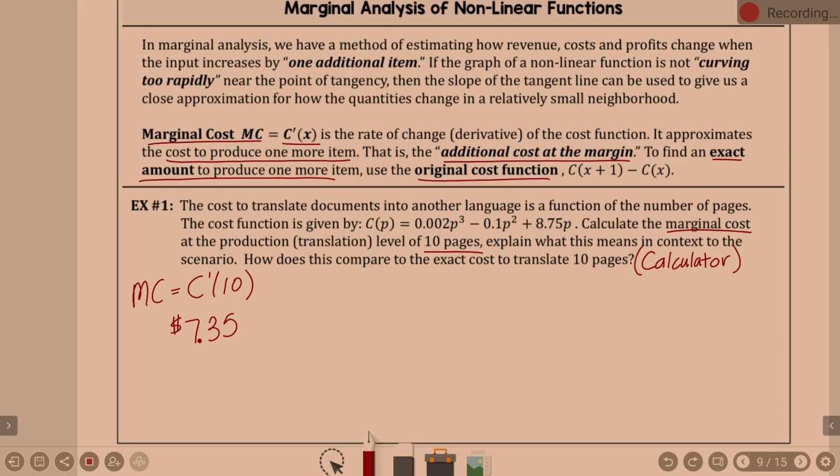Now, they asked us to produce the marginal cost. Now, what was marginal cost? It's the rate of change of the cost function. It's also what? It approximates the cost to produce one more item. Now, they did ask us to compare. What did they ask us to compare it to? How's this compared to the exact cost to translate 10 pages? In other words, if we are finding the exact cost of the 11th item.